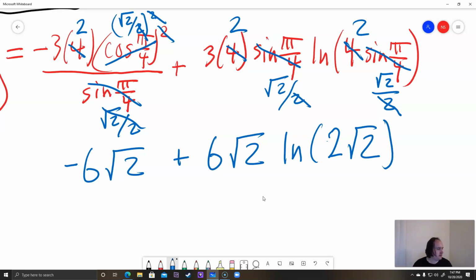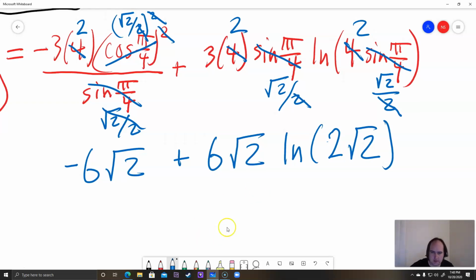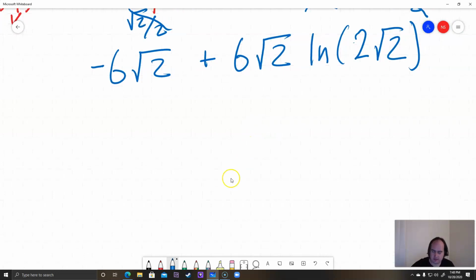And believe it or not, they actually want you to factor something out here. So they do want you to factor out a negative 12 root 2. And I'm not sure why they factored out a negative 12 root 2, but they did. So I'm going to just do it the way they did.